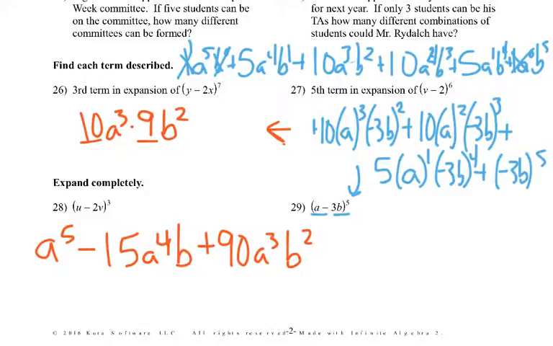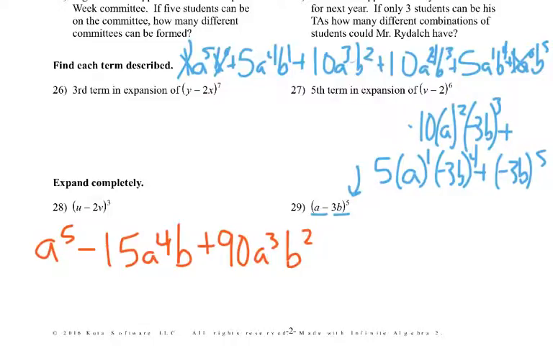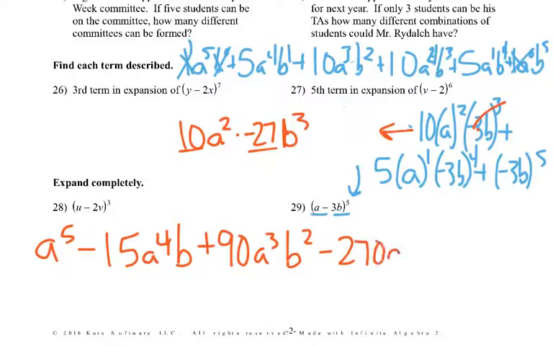Okay. So then going down to the next one. So it would be 10a squared. Now negative 3 cubed is going to give us negative 27b cubed. So 10 times negative 27, negative 270 a squared b cubed.